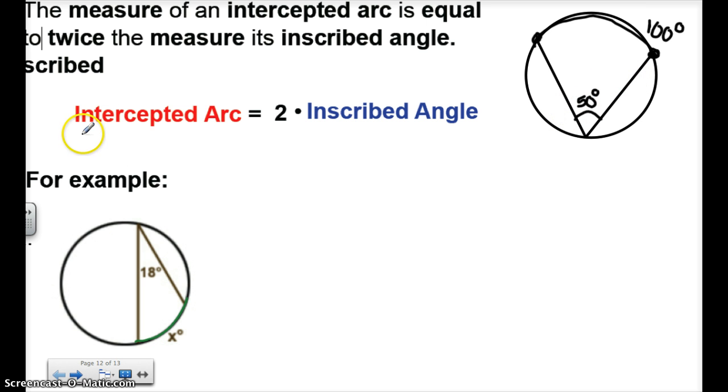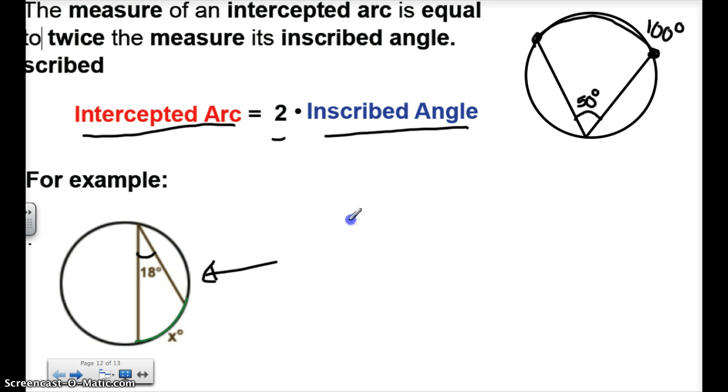The formula could be right here. The intercepted arc is equal to 2 times the inscribed angle. So let's look at this guy right here. We are trying to find the arc, which is x. We know the inscribed angle is equal to 18 degrees. If I want to find the arc, what do I do?